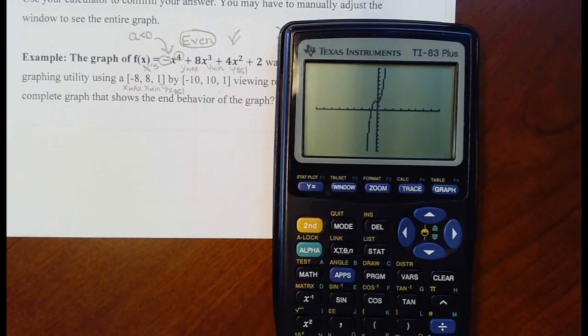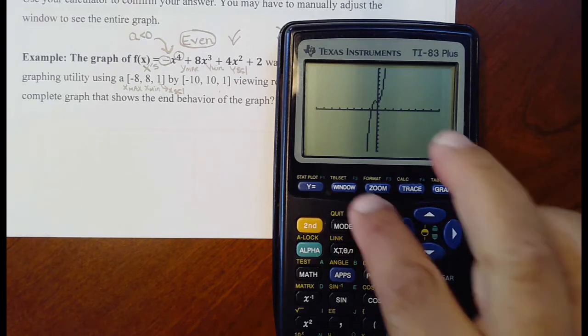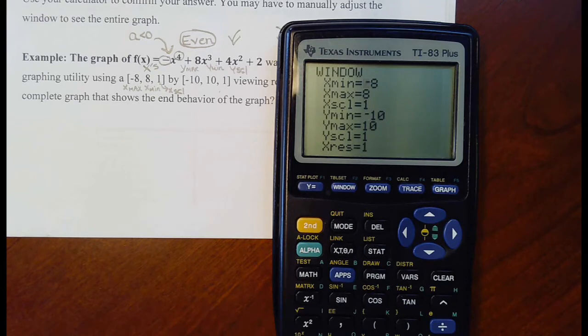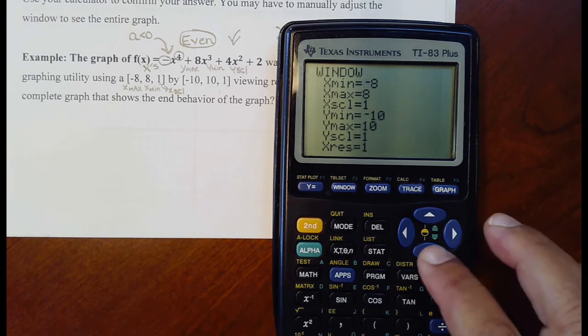So let's go into window and maybe stretch that y min and that y max a little bit to see what happens, because we're not seeing enough of that. I'm going to try negative 500 on my y min, and for my y max, I'm going to go all the way up to 1,000. See what the graph looks like.